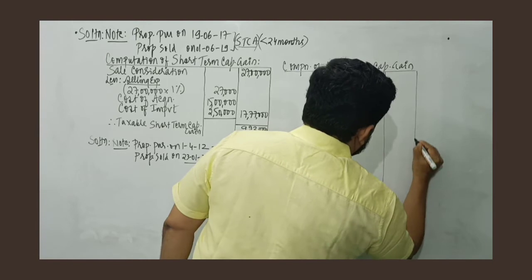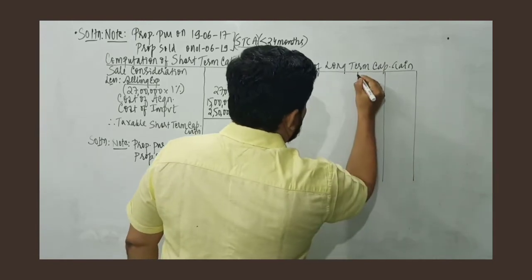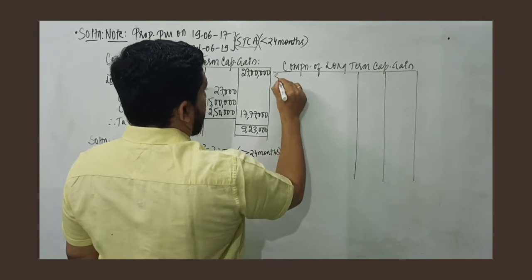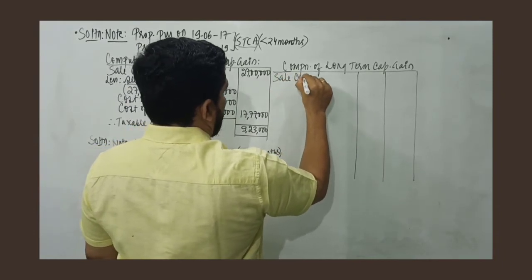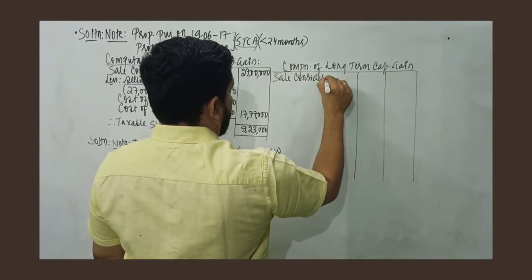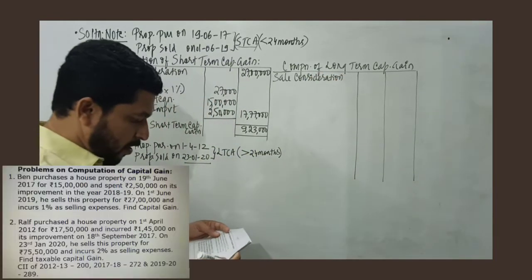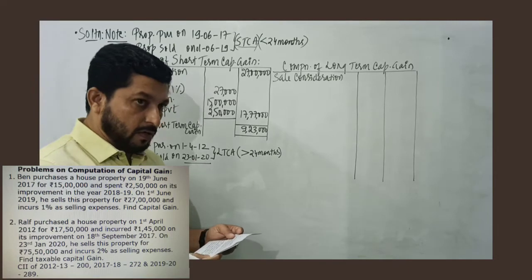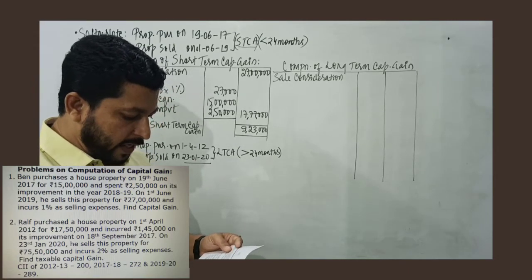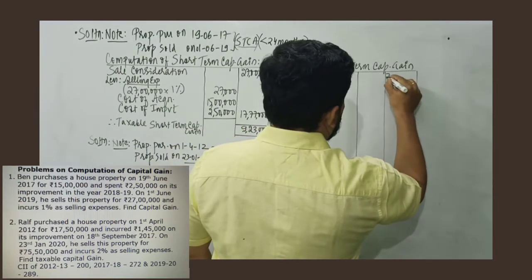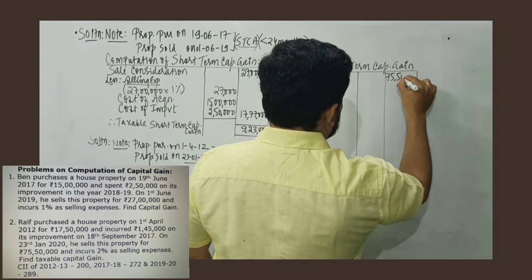Now as usual, the starting point is sale consideration. Sale consideration is given. On 23rd of January 2020, he sells this property for rupees 75,50,000.